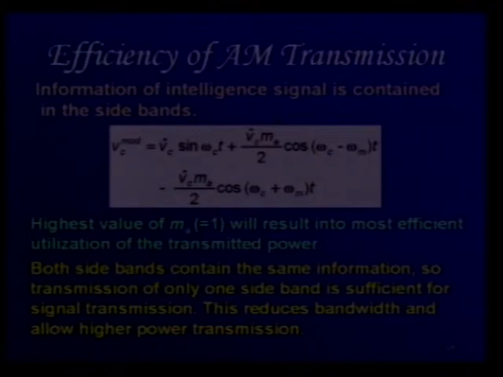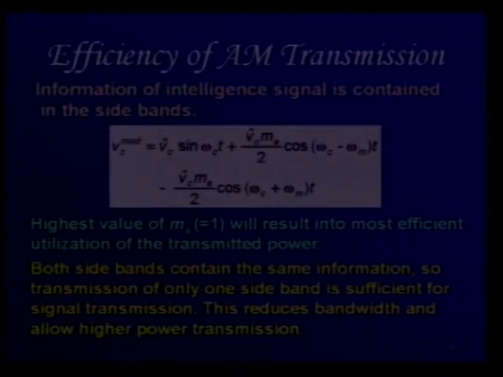So if you can reduce the bandwidth or send only a single side band, then you can have a more efficient transmission, where you can pump in more power of your transmission or transmitter, because the transmitter powers, as you know, in any communication are very well defined and you cannot cross a particular limit that is allowed to your transmitters. So whatever the wattage of your transmitter is, you cannot exceed it.